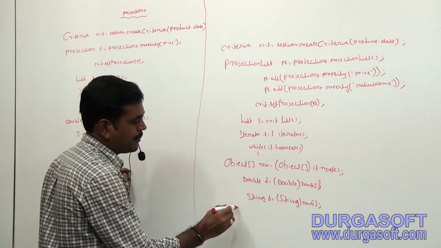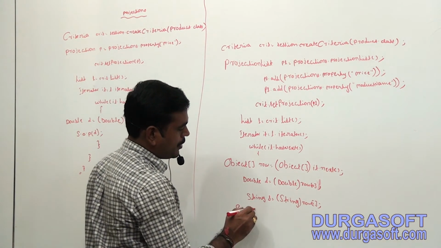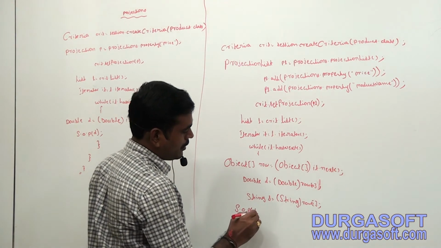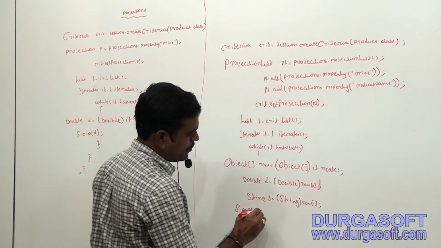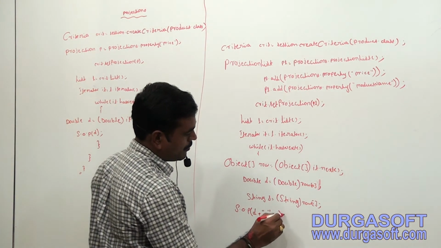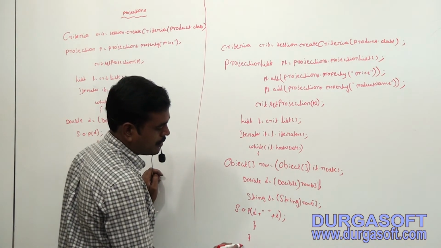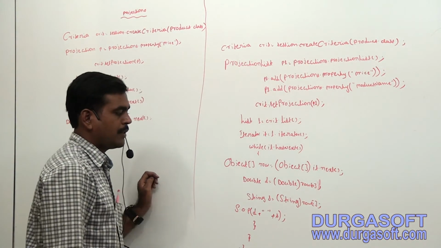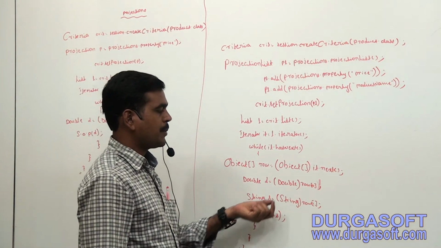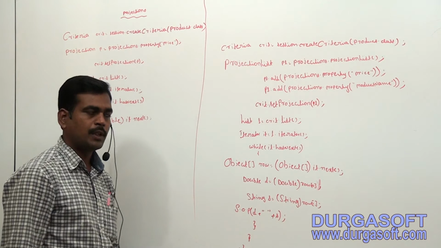Then system dot out dot println d plus s. Yes, that's enough. Close the while. Otherwise, directly we can take system dot out dot println row of 0, row of 1, not an issue.